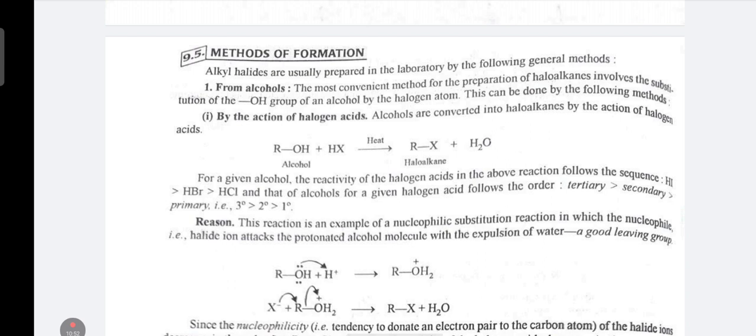The reason is that the reaction is an example of a nucleophilic substitution reaction in which the nucleophile, that is the halide ion, attacks the protonated alcohol molecule, with the expulsion of water, a good leaving group.